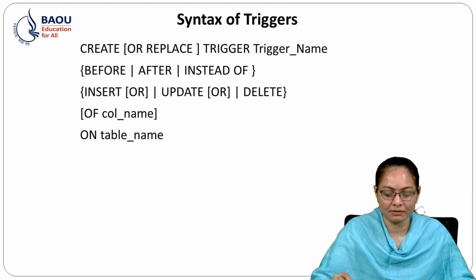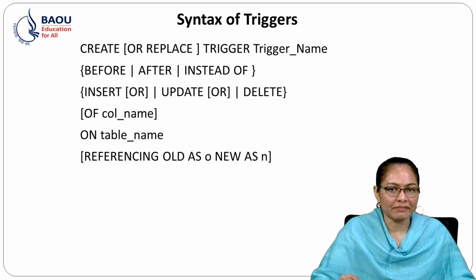After that, on table specifies the name of the table or a view to which the trigger is related. Now referencing old as O and new as N. This clause is used to reference the old and new values of the data being changed.